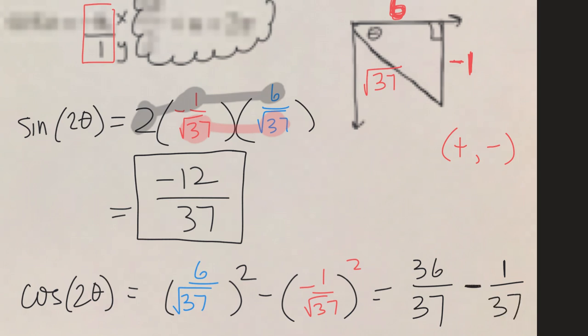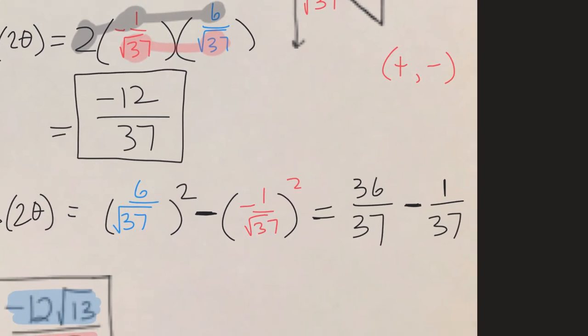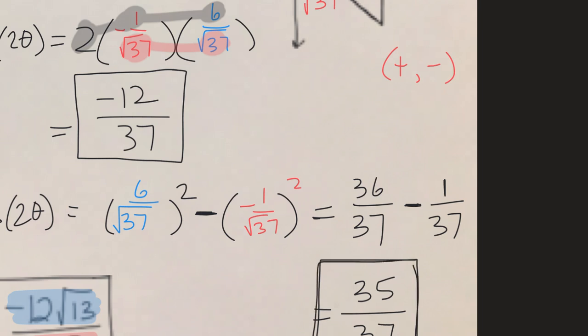But the minus sign comes from the minus sign, right? Not from the negative 1 squared. The minus comes from the minus in the middle. So 36 minus 1 is 35 over 37. Okay, notice it's positive because cosine in the fourth quadrant had better be positive.